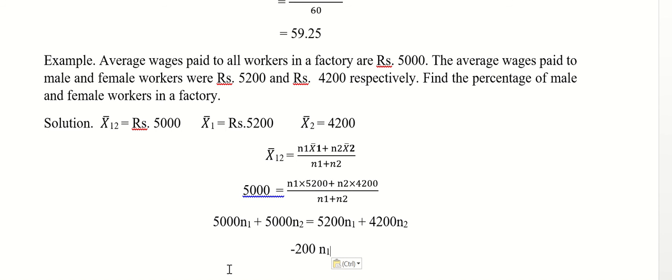We can just simplify it, or you can keep it there as convenient for you. So I'll just keep it on the right hand side. So this 5000 n2 will come on the right hand side. So 4200 minus 5000 becomes minus 800. So this is minus 800 n2. Okay, so this minus and minus will get cancelled out.